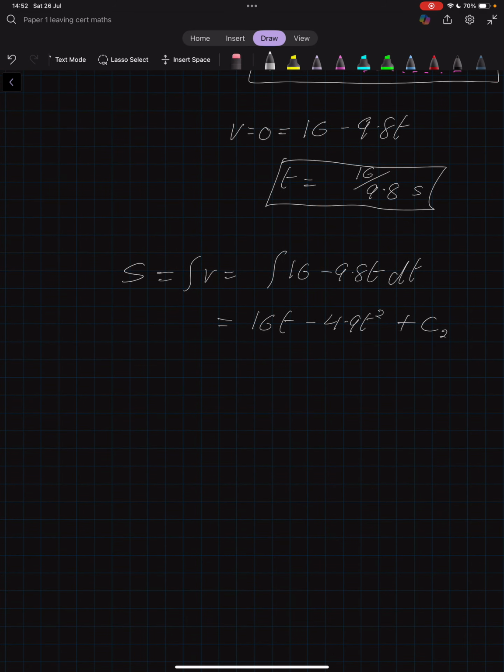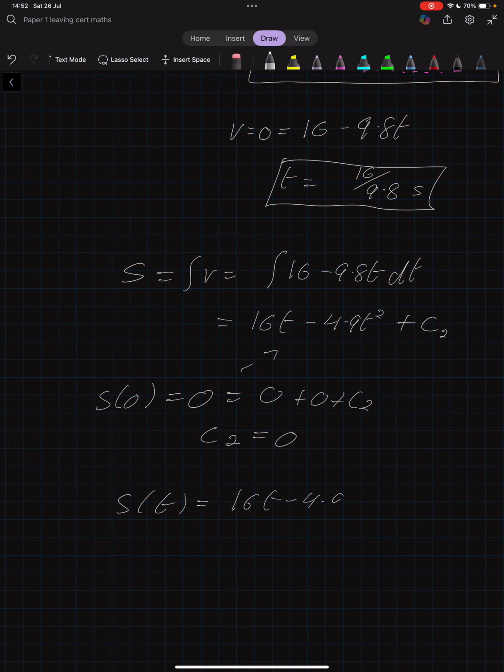That means that s of 0 equals 0. If I plug 0 into this, I get 0 plus 0 plus c2. Therefore, c2 has to be 0. So s of t is equal to 16t minus 4.9t squared.